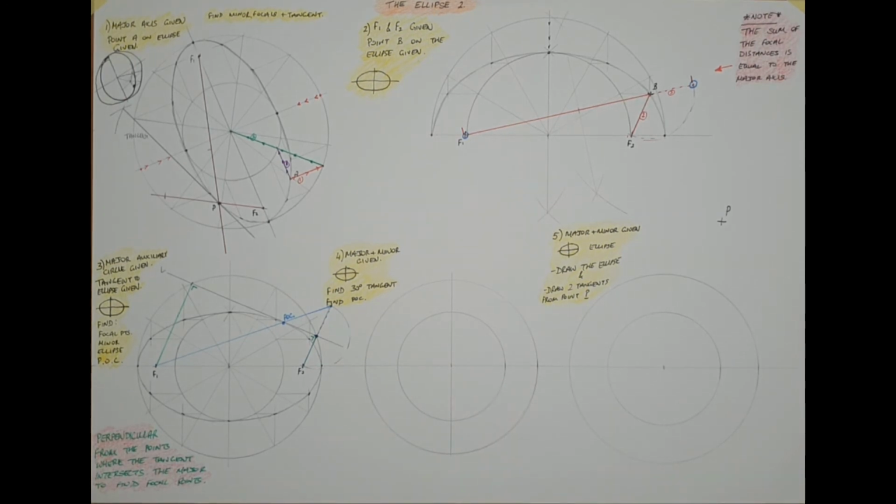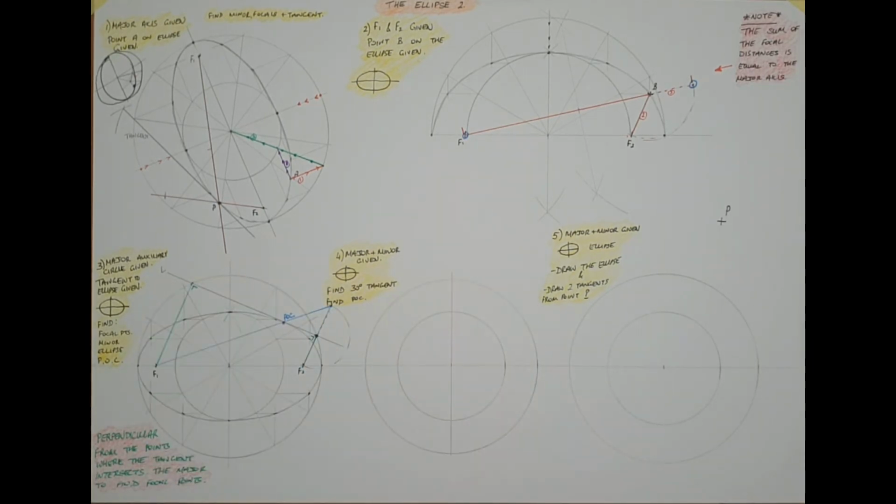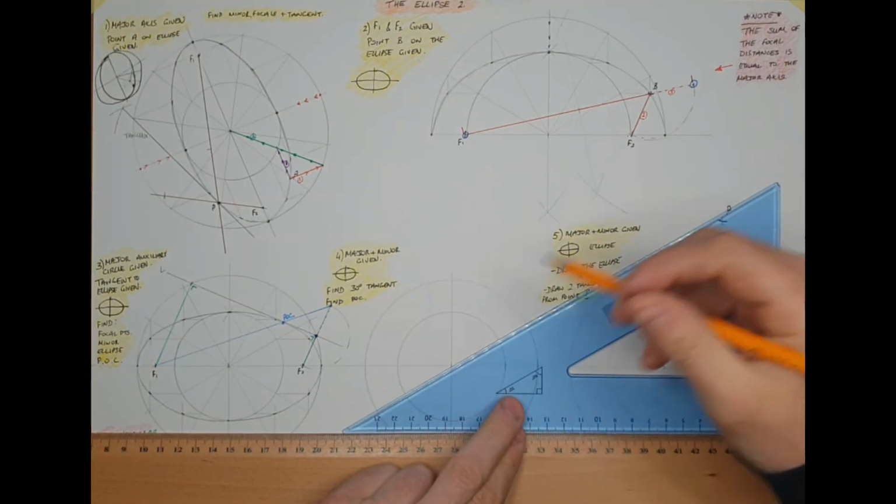Let's see this one here. Major and minor are given, and we have to find the 30-degree tangent. So we're going to be using the same information to find the 30-degree tangent over here. First of all, I'll draw the ellipse. We're getting loads of practice at drawing ellipses here, which is great.